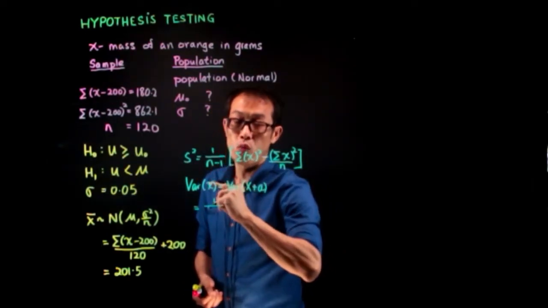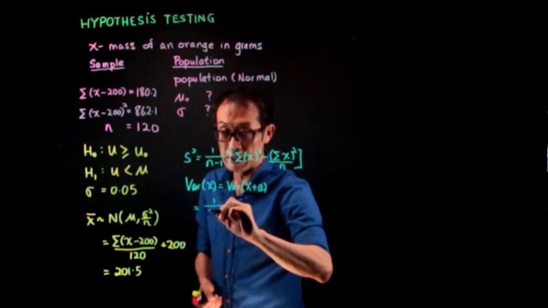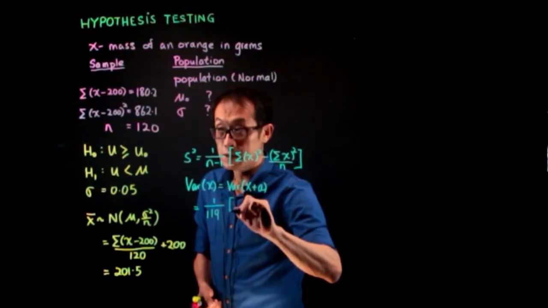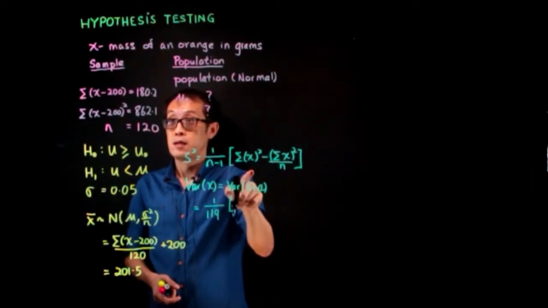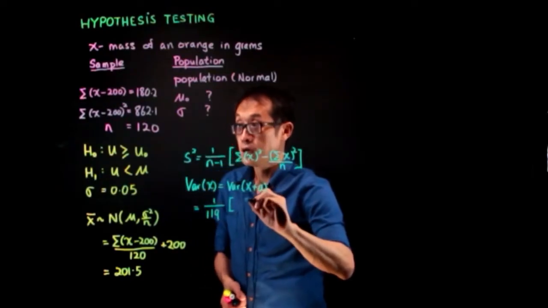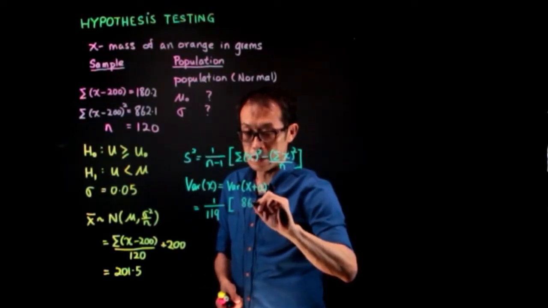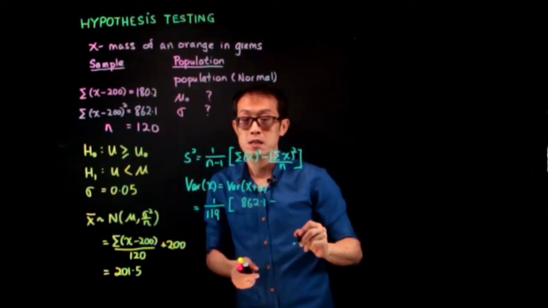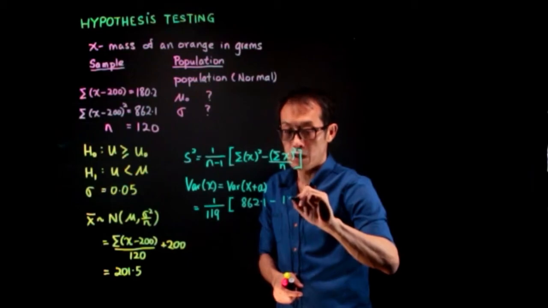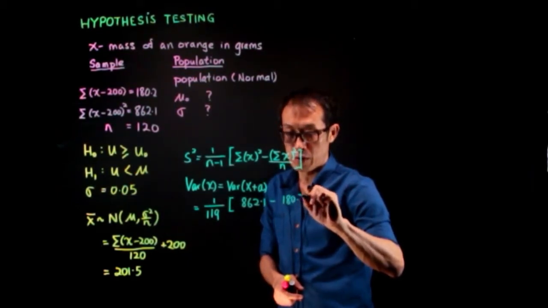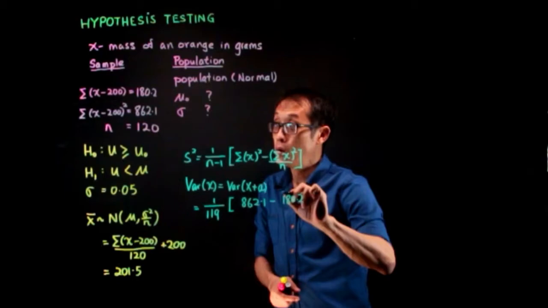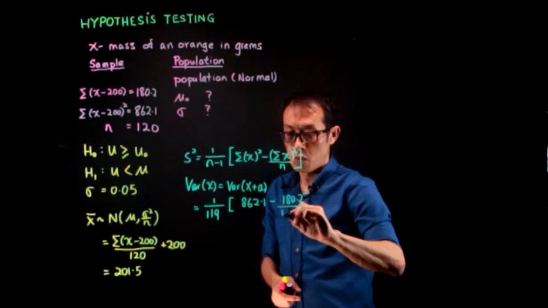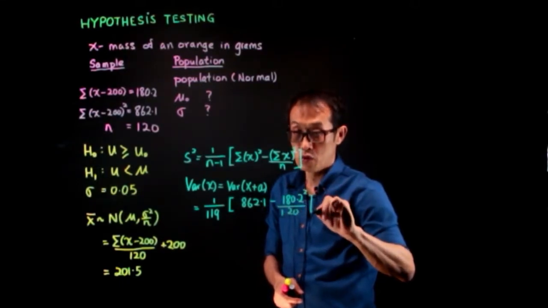So n is 120, so n minus 1 will be 119. Then you have 862.1 minus 180.2 squared over 120, close bracket.